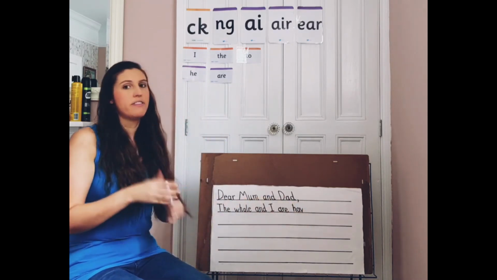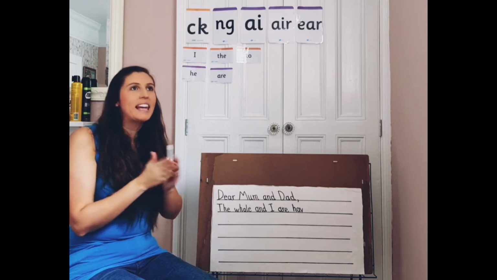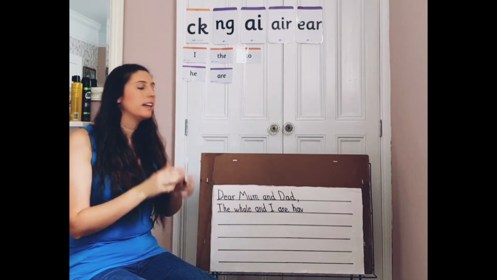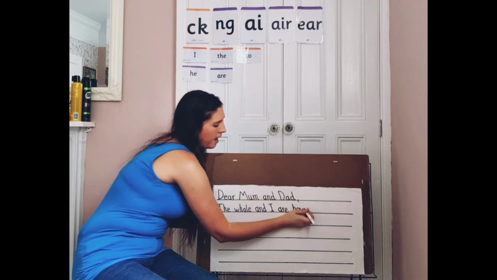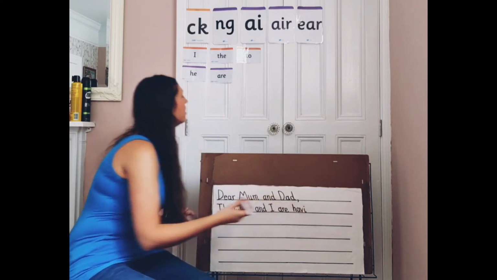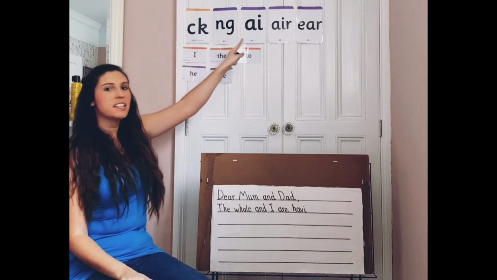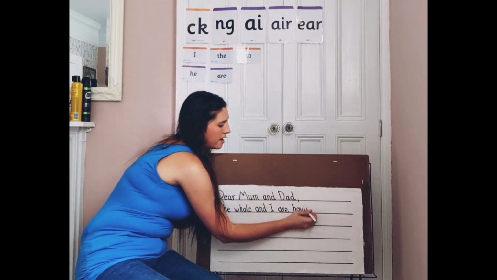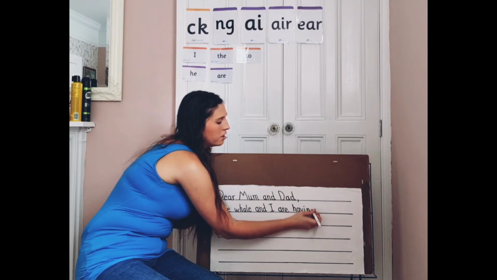Have, and then have-ing. So we need to do ing. So it's I. And then the ng sound is up here. Can we see it? It's this one here. So it's an N and a G.